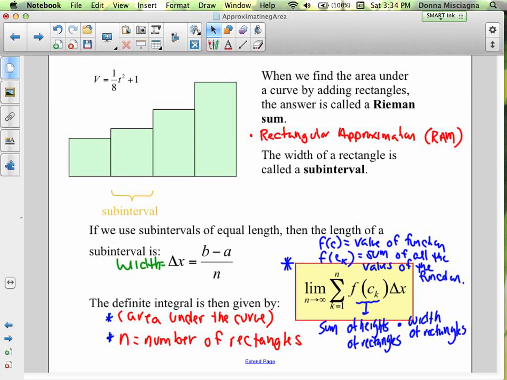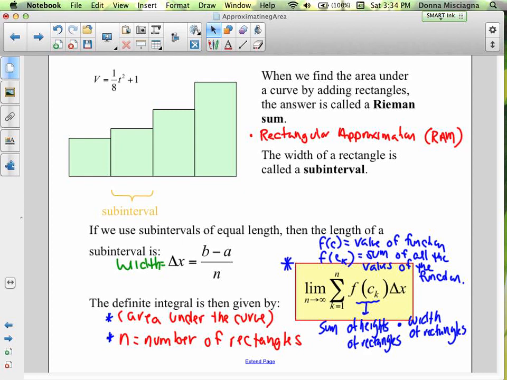We could do this an infinite number of times, but we would be tired, and it would be tedious. There are ways that we can get all those sums at once and just multiply it one time by the width of the rectangles. But right now we're going to be approximating, not finding the exact area. I did want you to know where this is leading to eventually.